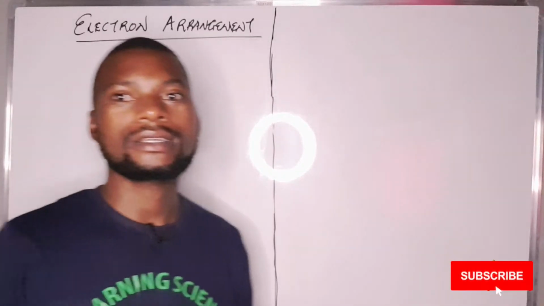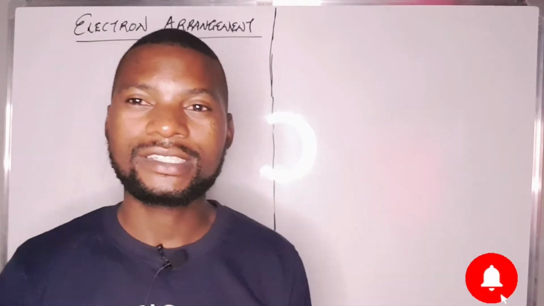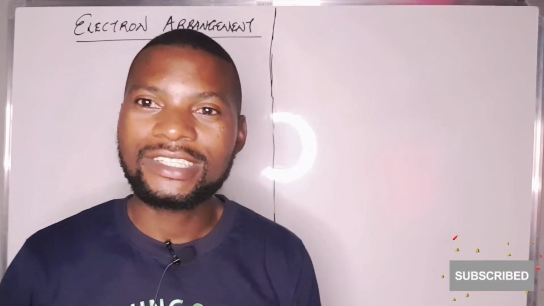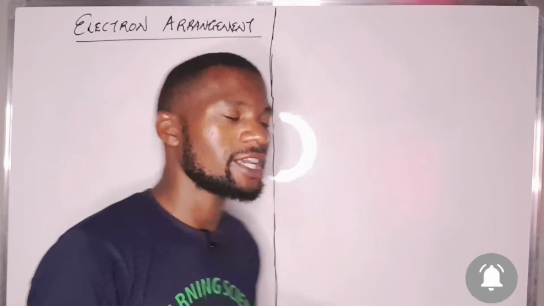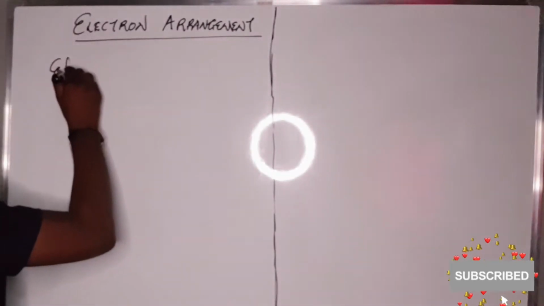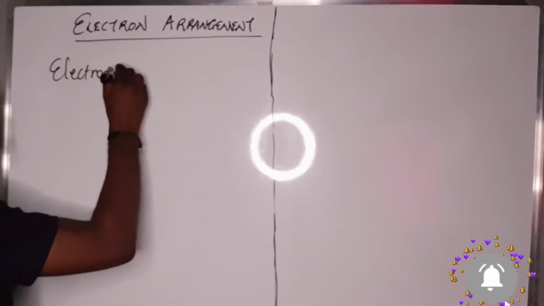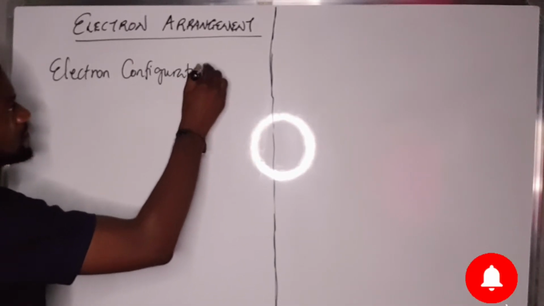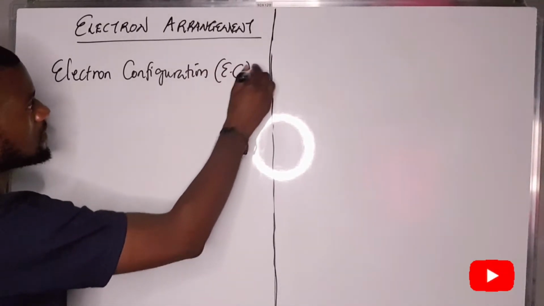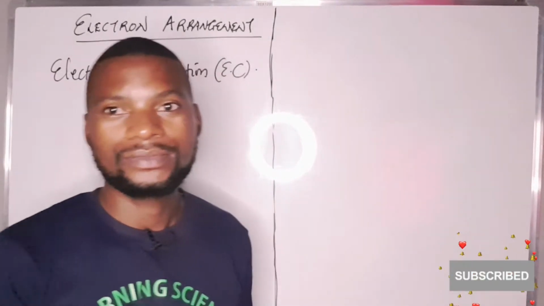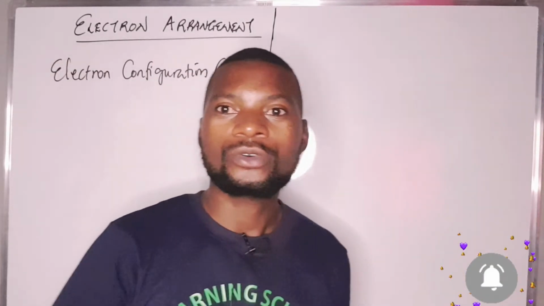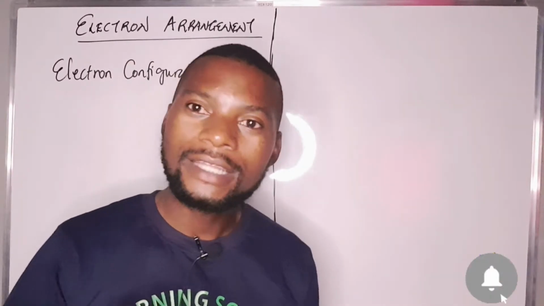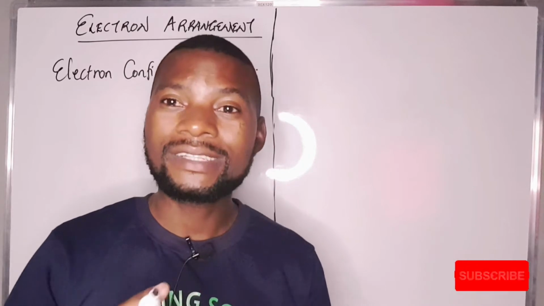The way the electrons are arranged in the energy levels is called electron configuration, which is denoted as EC.